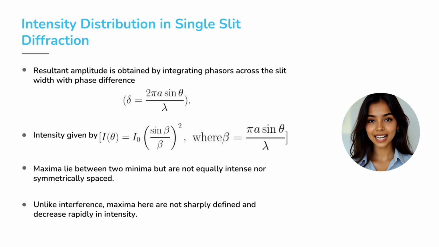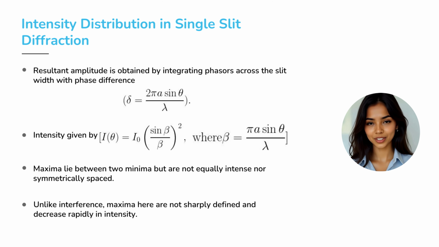The intensity at any angle theta is proportional to the square of sine beta over beta, where beta equals pi times a times sine theta divided by lambda. Formally, this is intensity I of theta equals I0 times (sine beta over beta) squared. I0 is the intensity right at the center when theta is 0.